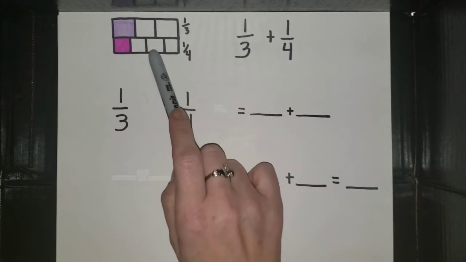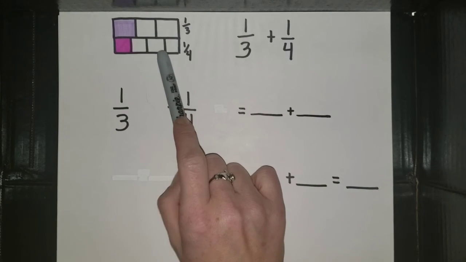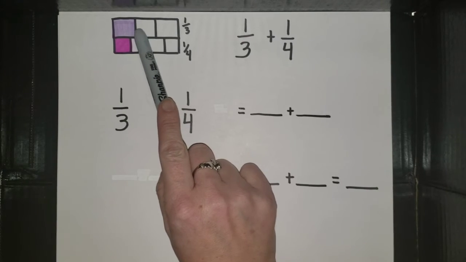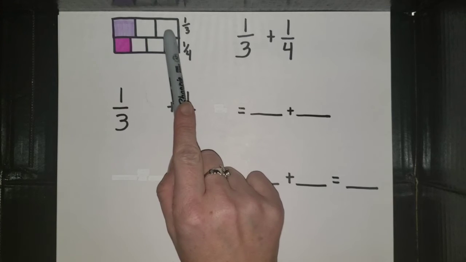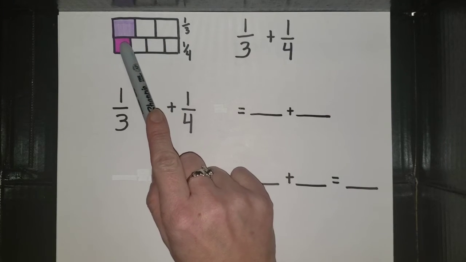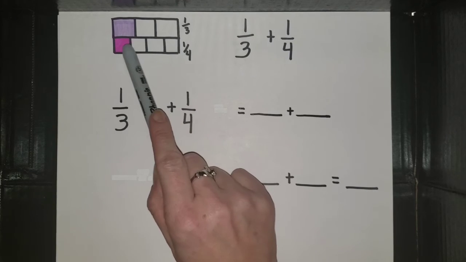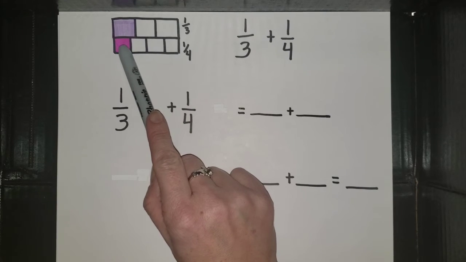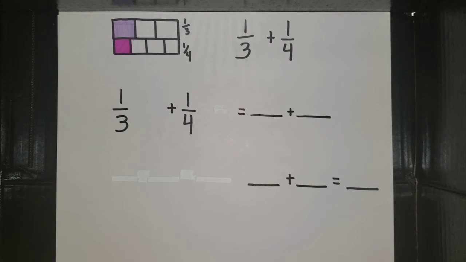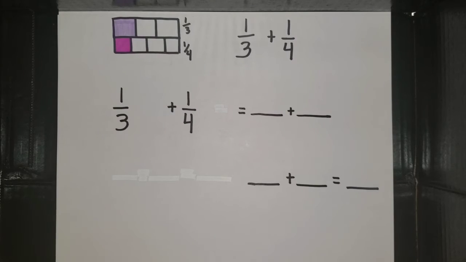Notice how I've drawn it out for you in a model to show in picture form that 1/3, 1 shaded out of 3 to make 1 whole, and 1/4, 1 shaded out of 4 to make 1 whole, are not the same. And as you remember, we cannot add these unlike fractions.